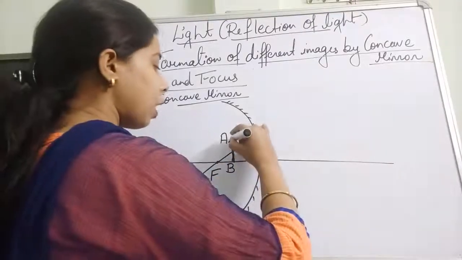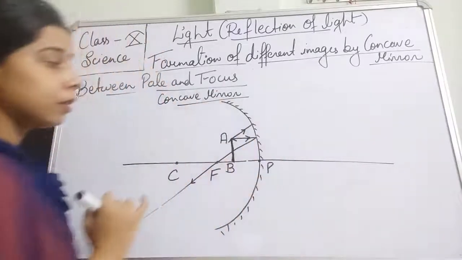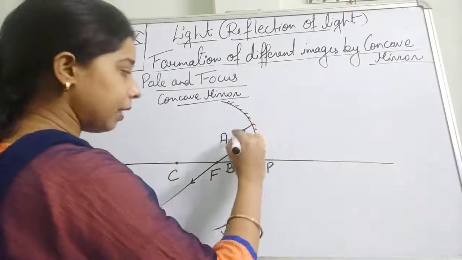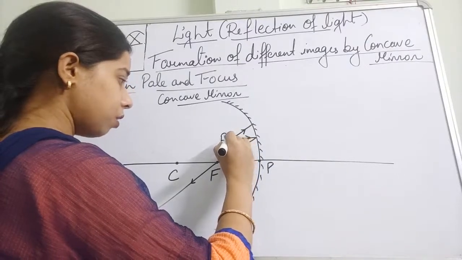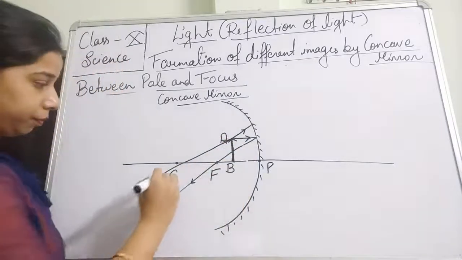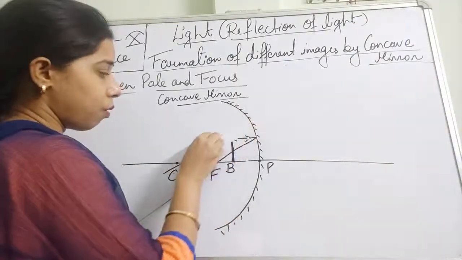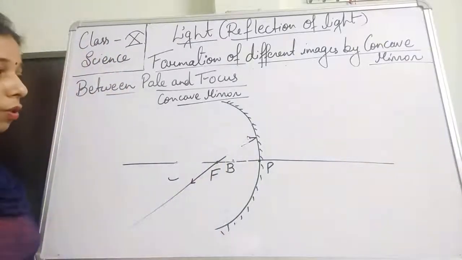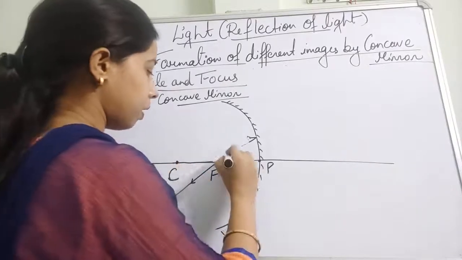The second ray goes towards B, and you know that this will get reflected, and it seems that it is coming from the center of curvature. Let me draw the diagram here again. This is the center of curvature.